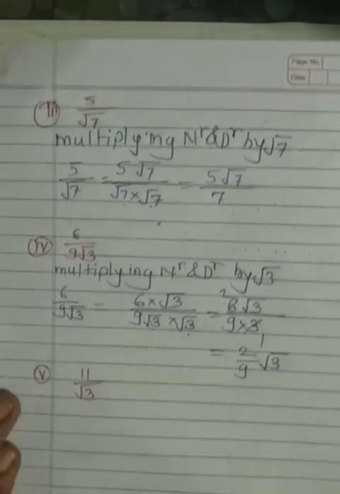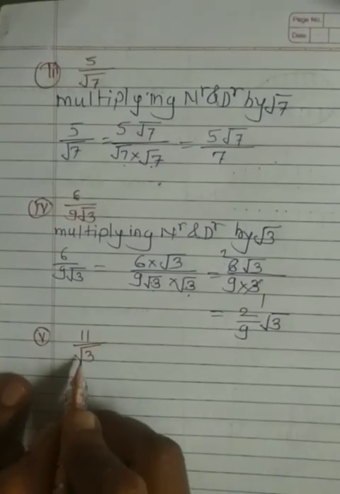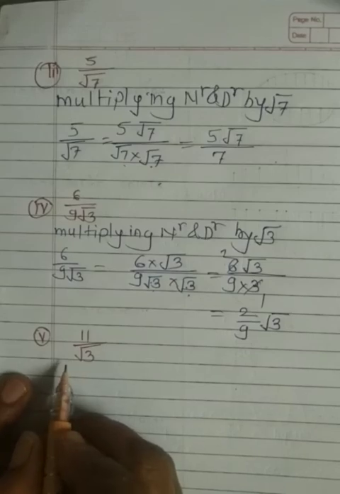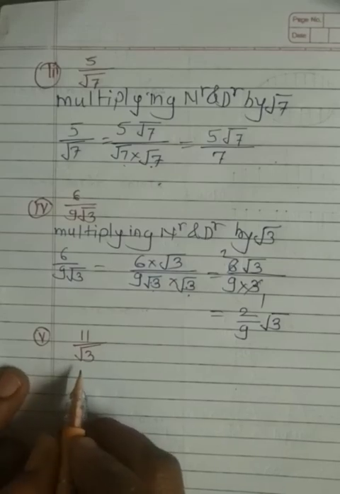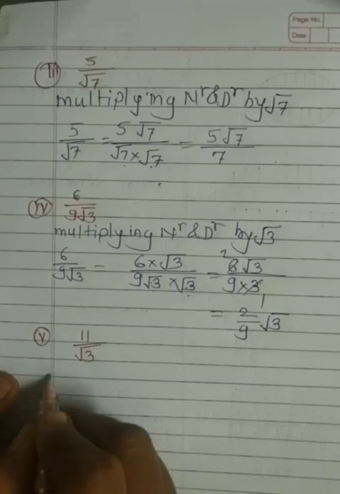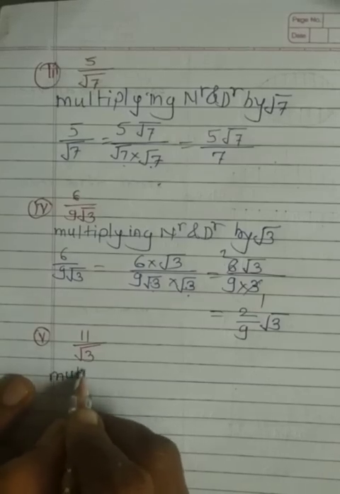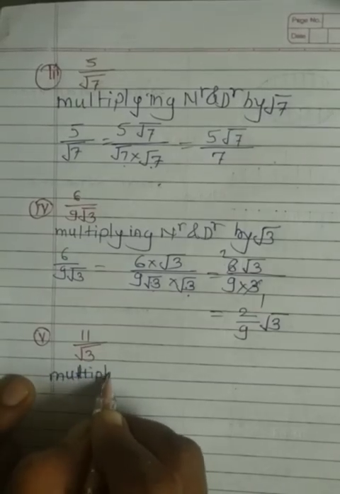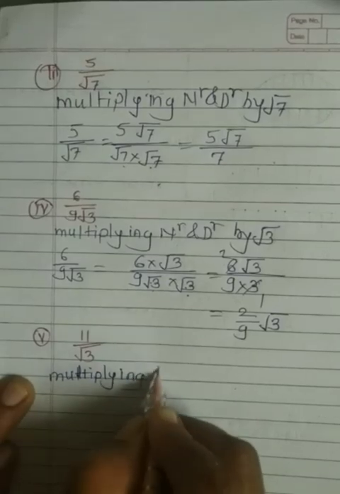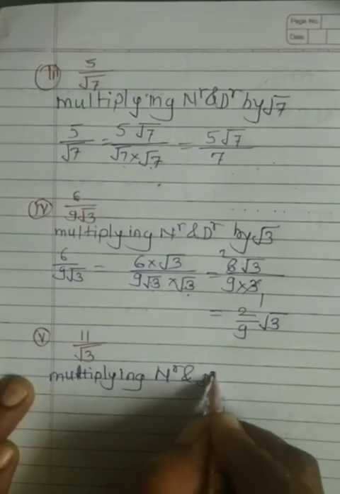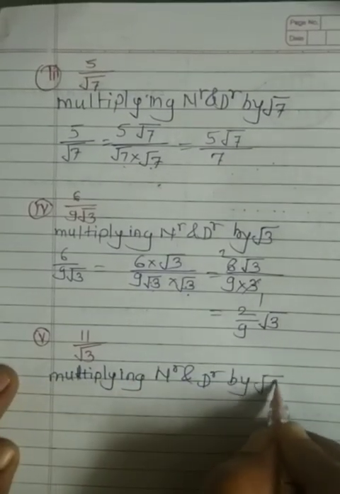Now the last example, 11 upon root 3. Here the denominator is root 3, so we multiply both numerator and denominator by root 3. First we write multiplying numerator and denominator by root 3.